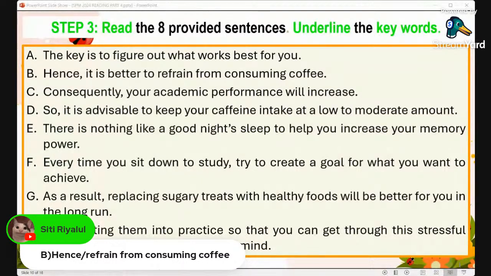Any more? The rest are all keeping quiet, waiting or thinking. All right. So "consequently," good catch. Consequently, academic increase. What else?